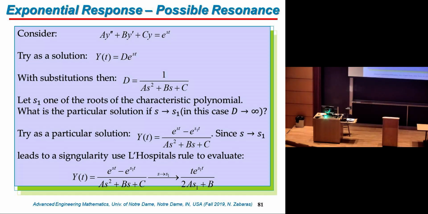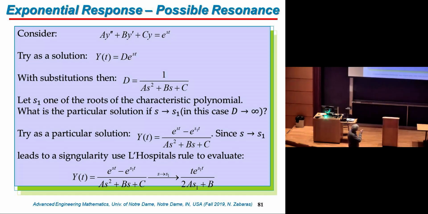Let's say this has two solutions, and let's say that s is equal to s1. So then d is equal to what? If s is equal to s1, what is d? D is infinity. So obviously, e to the st cannot be a solution in that case. It cannot be a particular solution because it blows up.